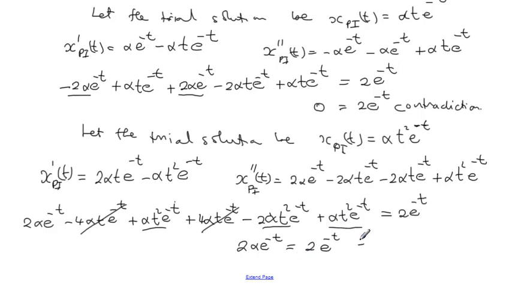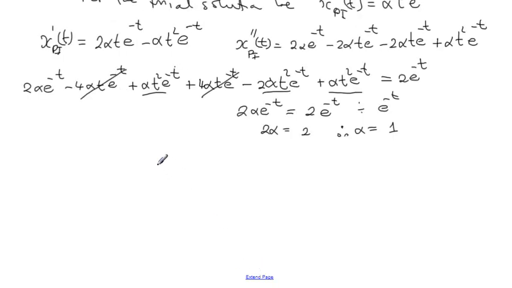And dividing this by e to the power minus t, we get that 2 alpha is equals to 2, whereby we conclude that alpha is equals to 1.